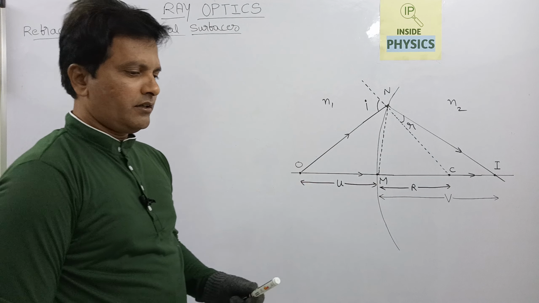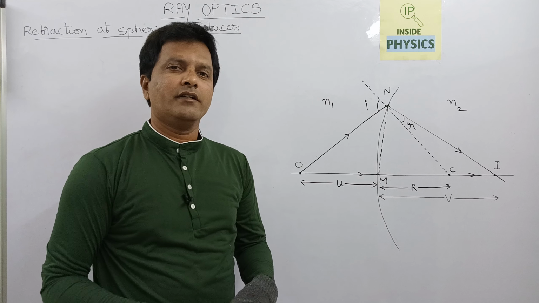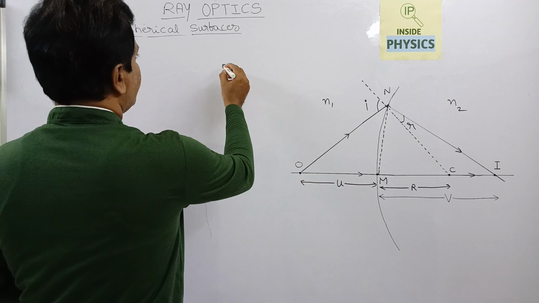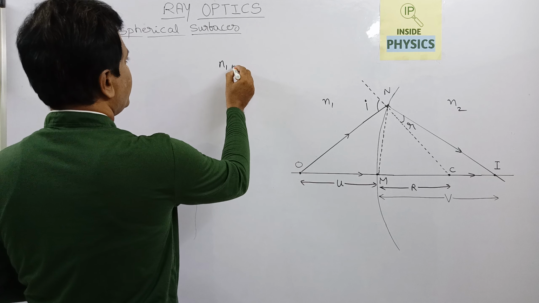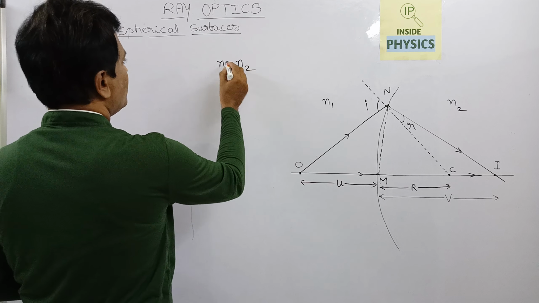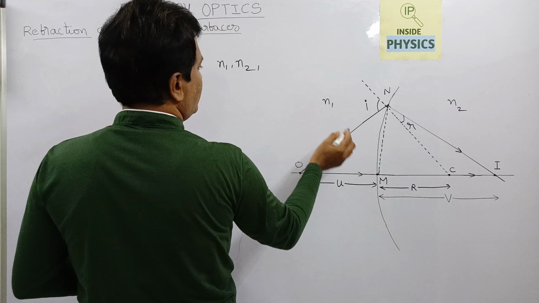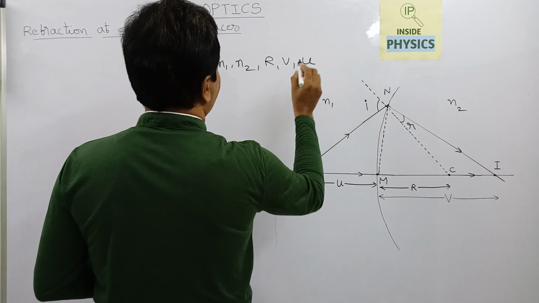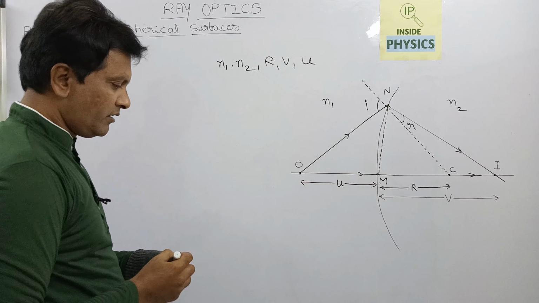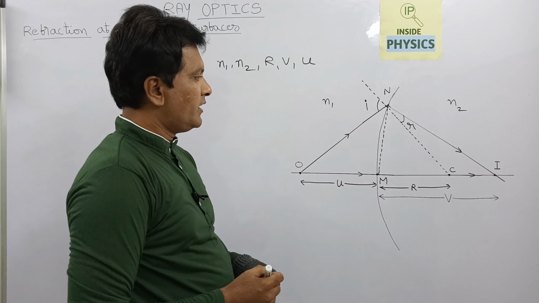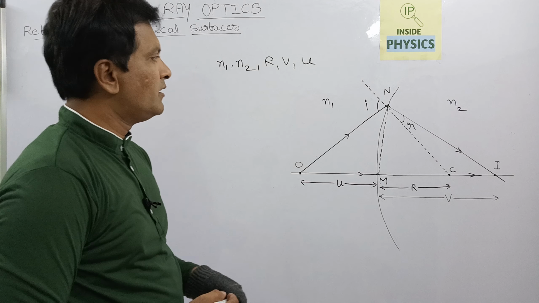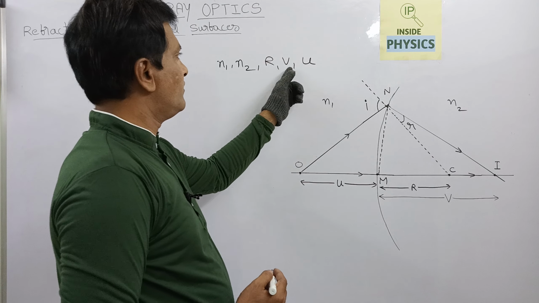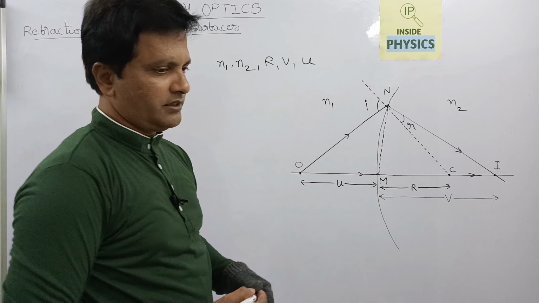Now our aim here is to develop a relation between n1, the refractive index of the first medium, n2, the radius of curvature, image distance and object distance. So here we are going to derive a relation between n1 and n2, radius of curvature, image distance and object distance.